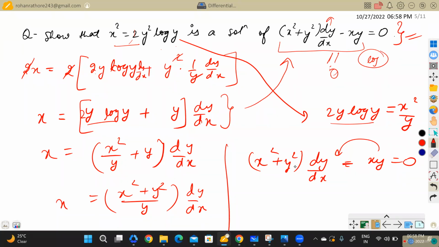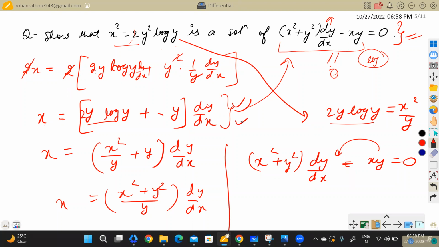So this is just one way to approach the problem. There are more ways in which you can solve the same problem. You can see we have calculated dy over dx here in the second step. So we can say that dy over dx is also equal to x divided by 2y log y plus y.